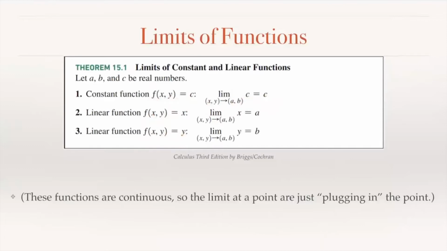If the function is linear, f of x,y is x, then it doesn't care what y is. As x,y approaches a,b, all it cares about is what x is. So you get a. And similarly, if f of x,y is y, then it doesn't care what x is, and it will approach b, the y coordinate. So these functions are continuous.